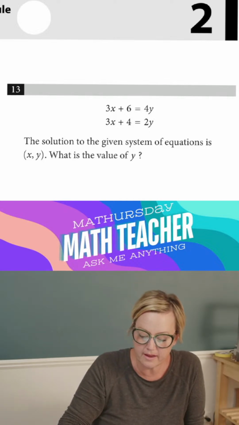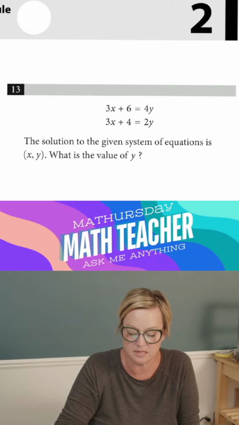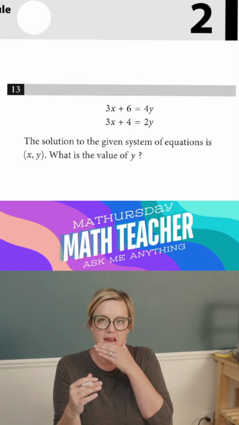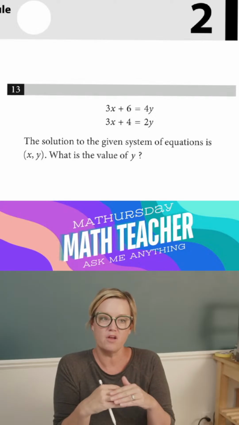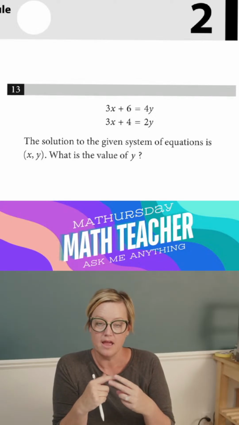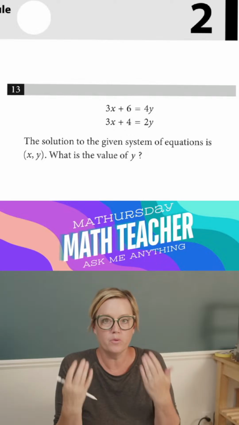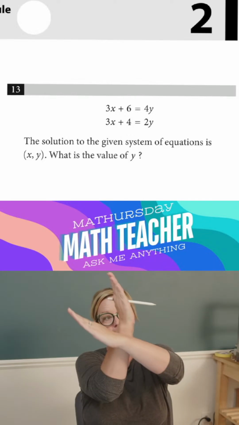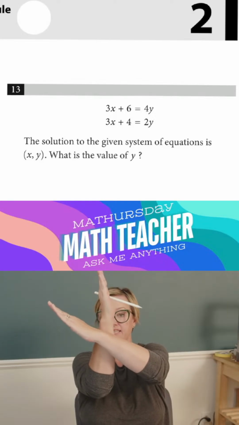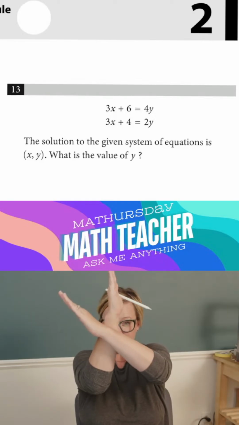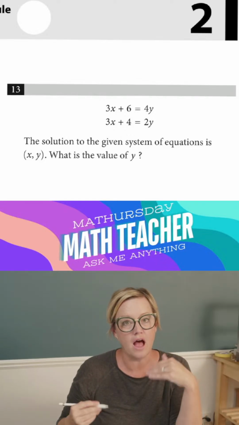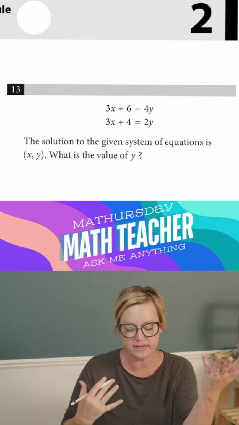So when you're looking at this, the solution to a system of equations is x comma y. What that means is that you've got these two equations and you've got a value for x and y that solve both equations. The way that this looks on a graph is you've got two lines and they intersect, and where they intersect, that is their solution. There are a lot of different ways you can do this.